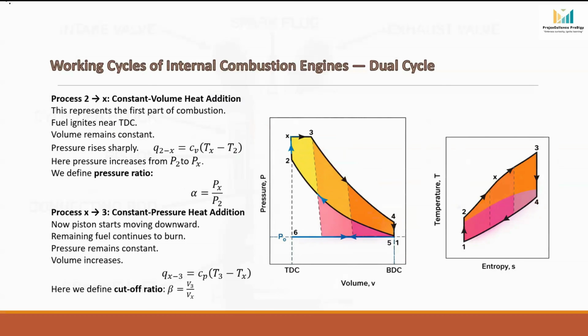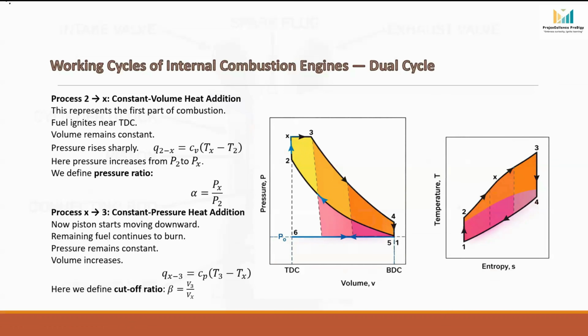Now let's move to the most important part of the dual cycle, heat addition in two stages. First, we have process 2 to X, constant volume heat addition. At this stage, the piston is very close to TDC and both valves are closed.